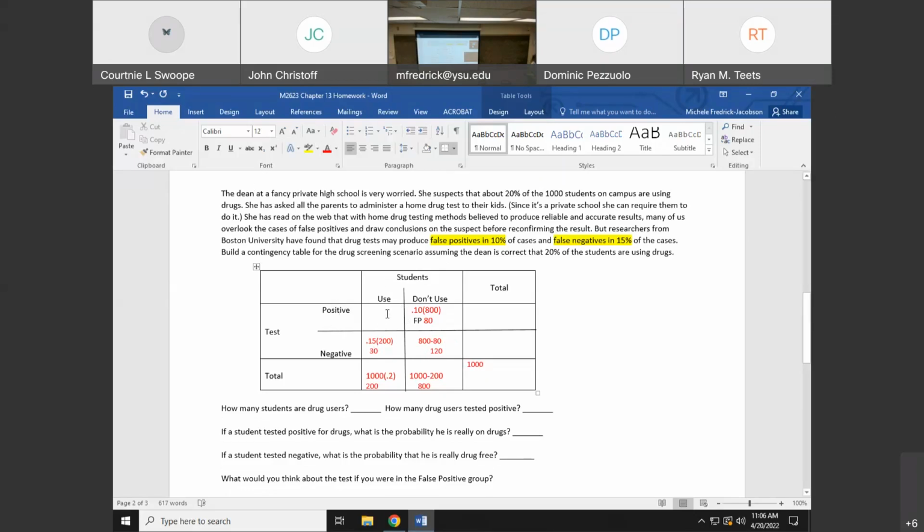Which means how many true positives were there? 200 minus 30, 170. Any questions on that? And then you just add it across to get the totals. 170 and 80 is 250.